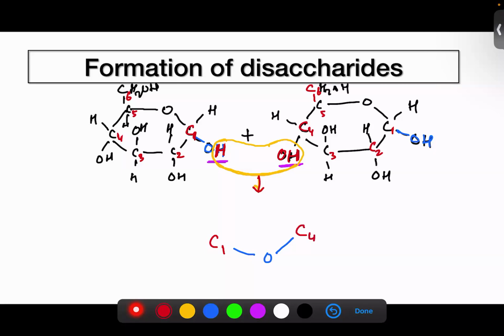This is known as a glycosidic linkage. As you can see, this linkage is between carbon number 1 and carbon number 4 of the 2 alpha glucose. So you can say it is an alpha 1,4 glycosidic linkage. Okay. The rest of the molecule can be drawn similarly.